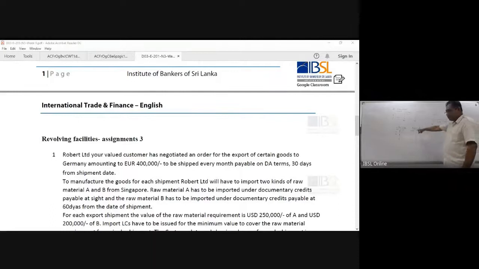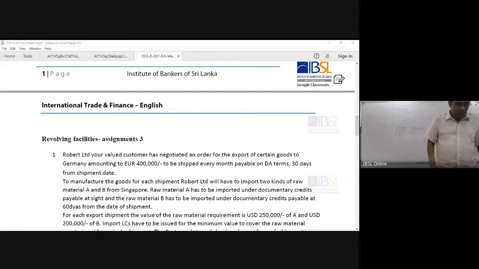So March 8,000. Likewise, you find in April another bill coming in 80. LC which opened in February, documents will come in April. LC opened in March, documents come in May. So when will the acceptance account mature? 90 days from the date of shipment.